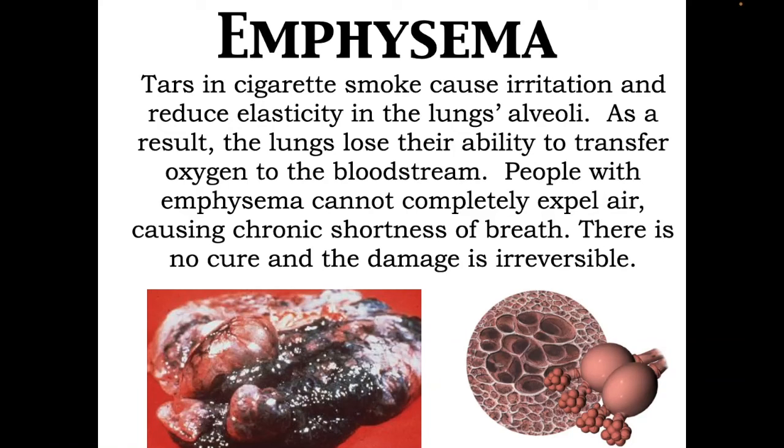Now, many people who have emphysema may need to be given oxygen. You may see someone who is walking around with an oxygen tank and they have their tubes in their nose breathing oxygen because they can't do it themselves because of the loss of elasticity of their alveoli.